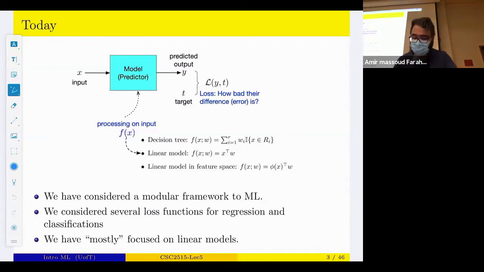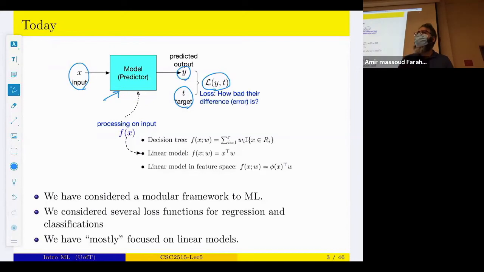We said that we have this predictor or model that takes some input, does some processing on the input in order to predict the output, and then the output is compared with the true value, the target t, and then we get a loss function that measures how good or bad the difference between the prediction and the target is.